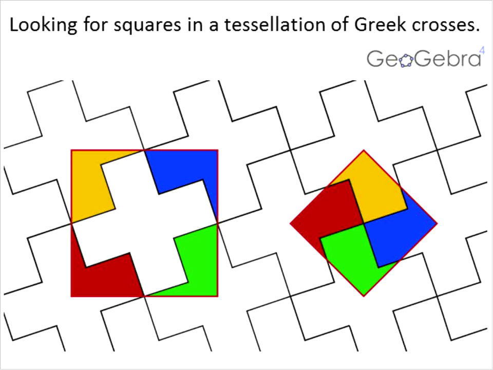So the one on the left, we've got the 4 coloured pieces make a second Greek cross, and of course there's the complete Greek cross in the middle. And the one on the right, those pieces make a single Greek cross. And let's have a look at those 2 on Geogebra.